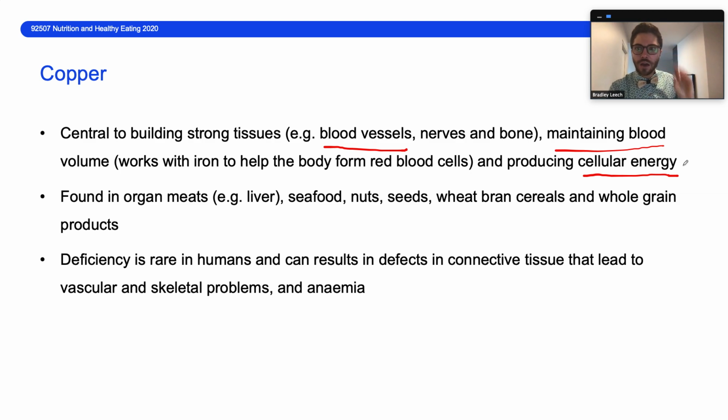It's generally found in organ meats such as liver, seafood, nuts, whole grains, and seeds as well. Deficiency is rare. However, it can result in a number of problems in relation to where copper plays a role, such as blood vessels, anemia, and skeletal problems.